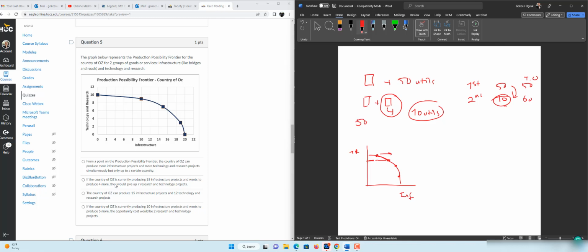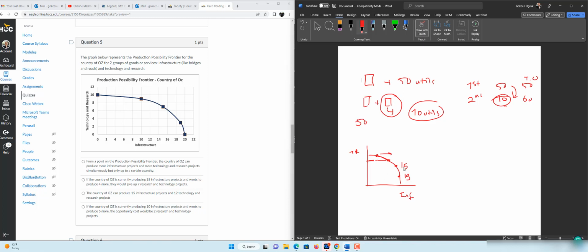If the country of Oz is currently producing 15 infrastructure projects, so 15 is this point here, and wants to produce 4 more, which in this case is this point, therefore it's going to be 19. They would give up 7 research and technology.